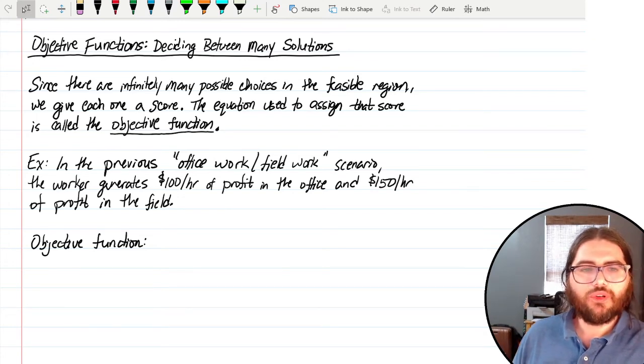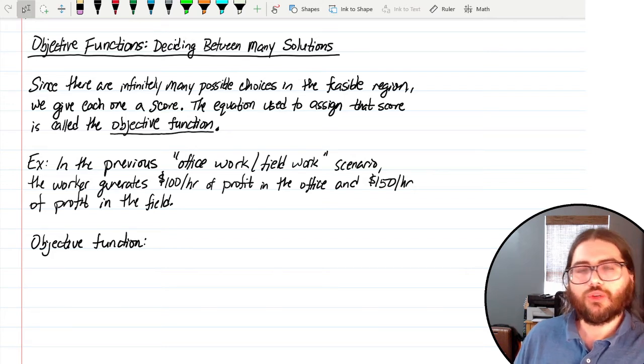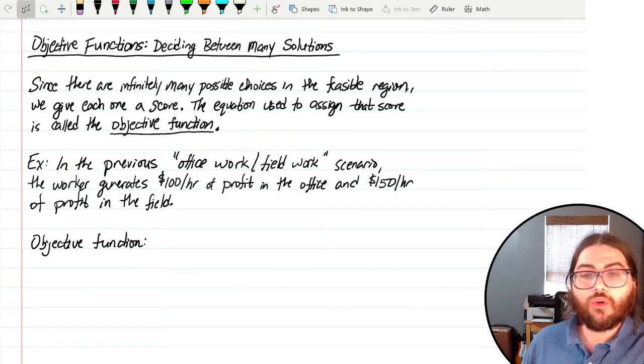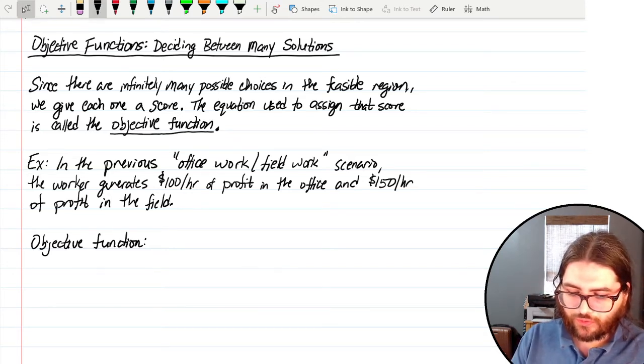So going back to that previous office work, fieldwork scenario, if the worker generates $100 an hour worth of profit in the office and $150 worth of profit every hour in the field, that tells me that my objective function can be written as follows.